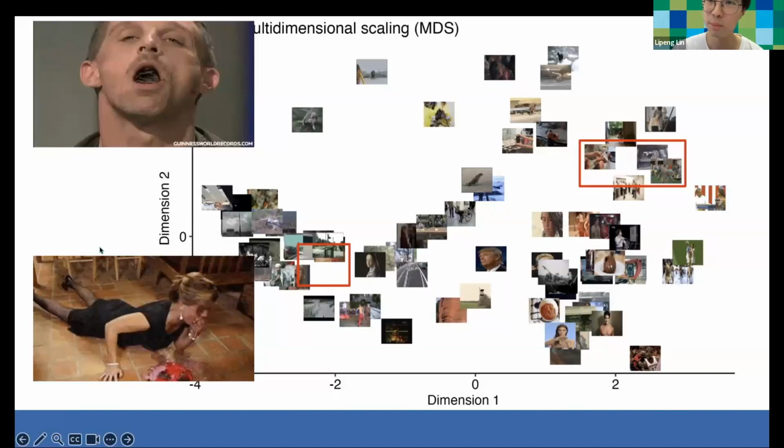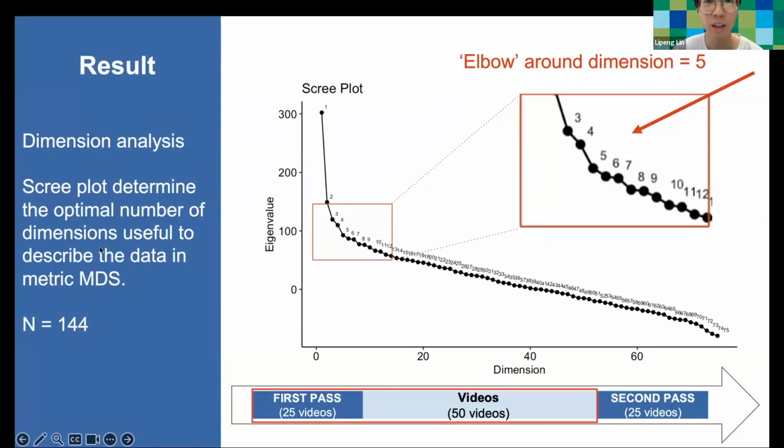Then we want to explore the dimension information of this structure. So we use a scree plot to explore how many dimensions of emotional experience there are within this similarity matrix that these 75 videos evoke.